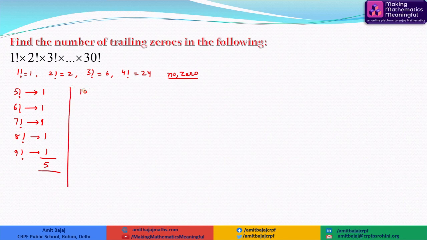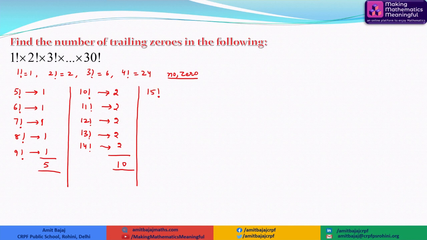Considering 10 factorial, clearly 10 factorial gives us 2 zeros, and 11 factorial, 12 factorial, 13 factorial, up to 14 factorial, each one of them will give us 2 zeros each. So there will be a total of 10 zeros.